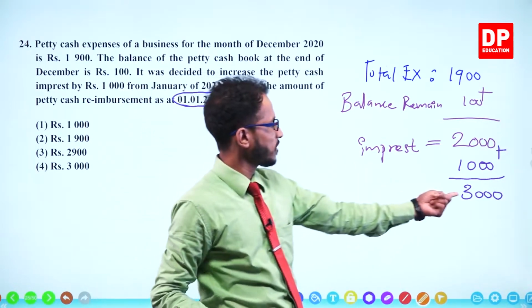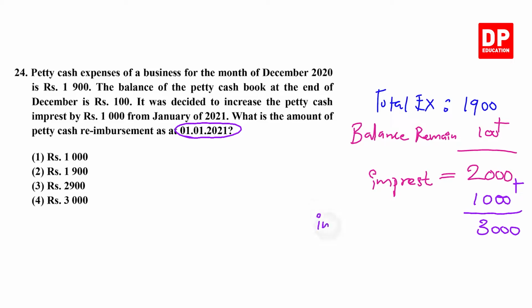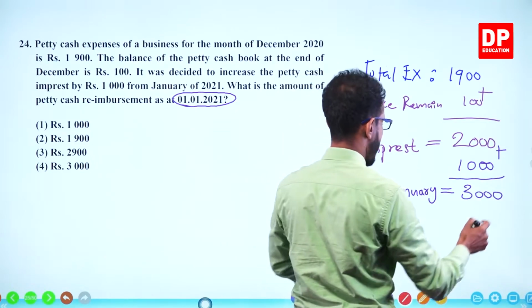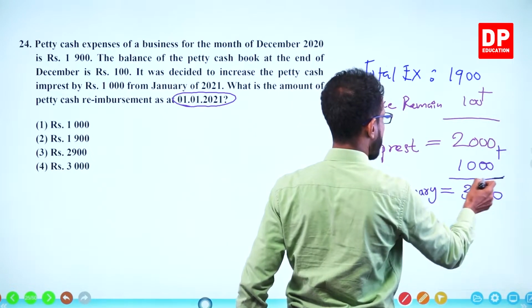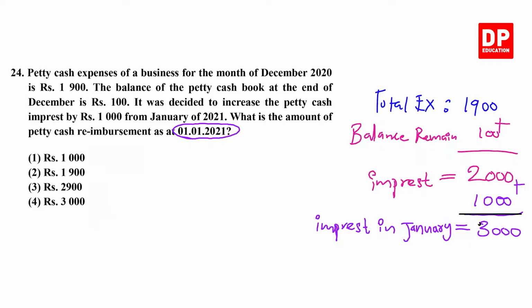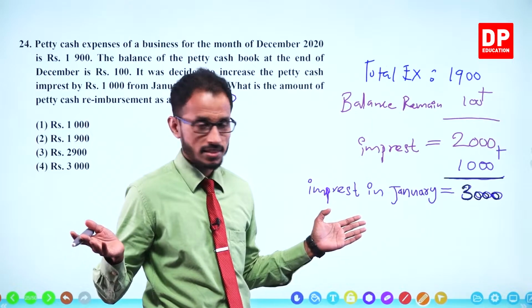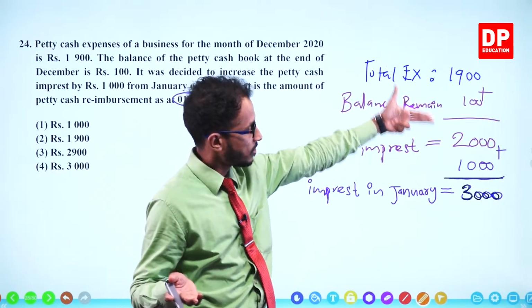Petty cash imprest in January should be 3,000. Got it? Are we together now? Do you get this? How the calculation is done?